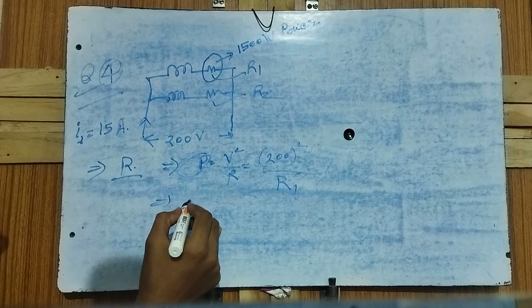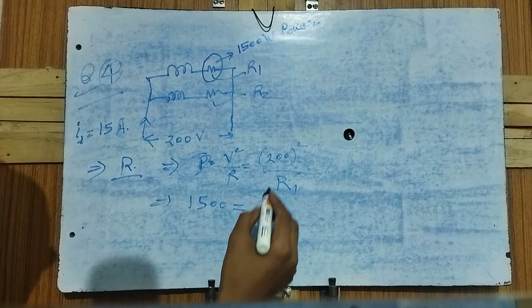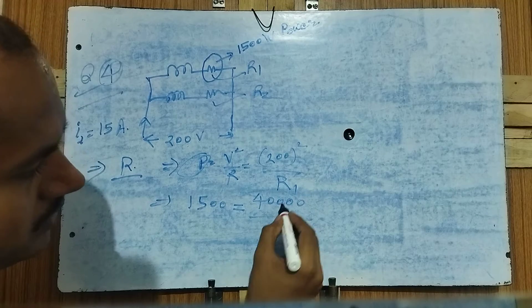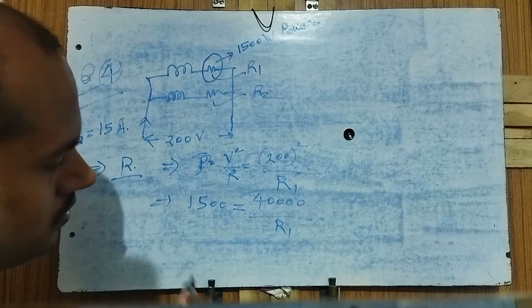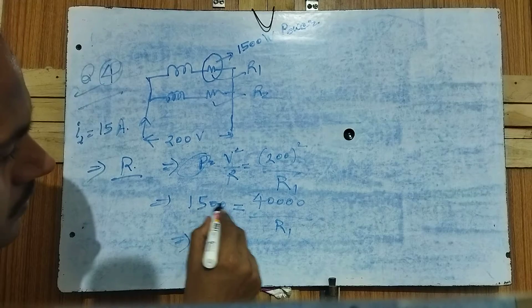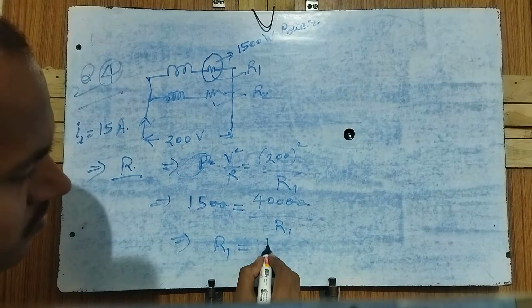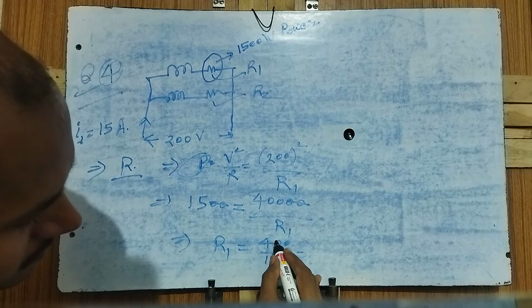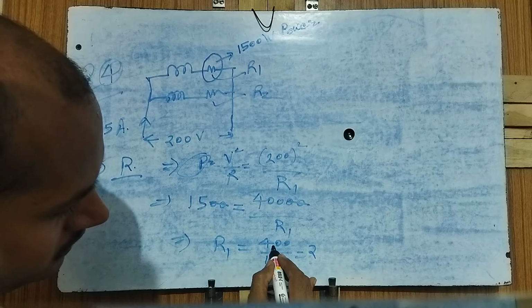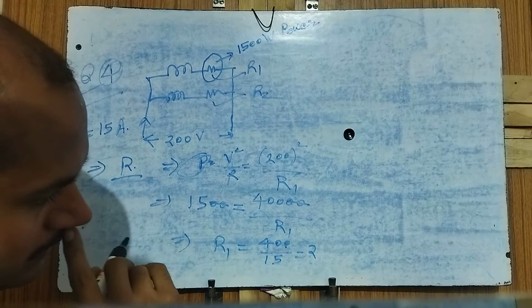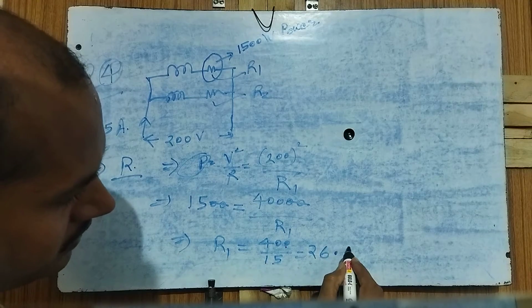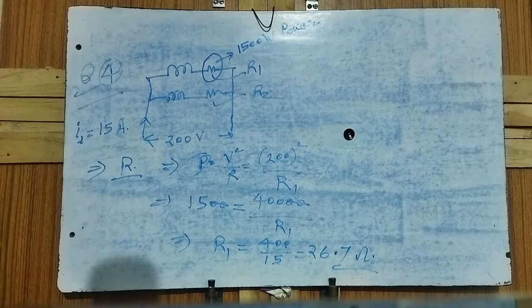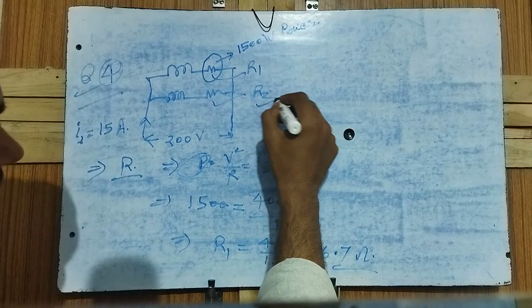But we know the power is 1500 watt, so R1 is 400 divided by 15 times 100, which is 26.666, approximately 26.7 ohm. We have found R1.